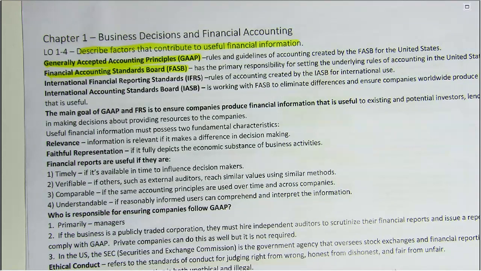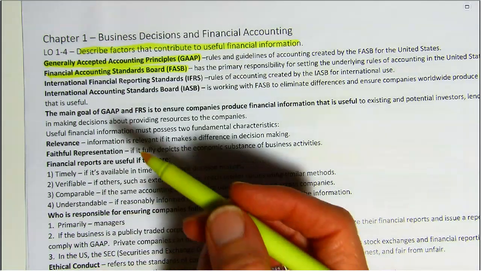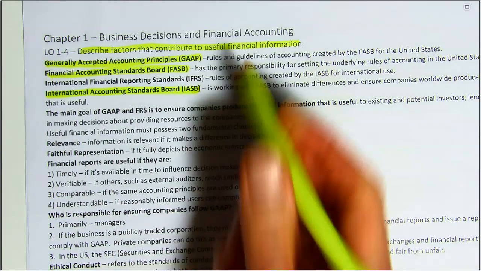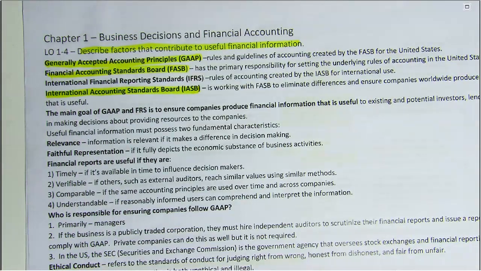So, an organization called the International Accounting Standards Board was organized with representatives from all over the world, and it's their job to develop a set of rules that everyone could agree with.